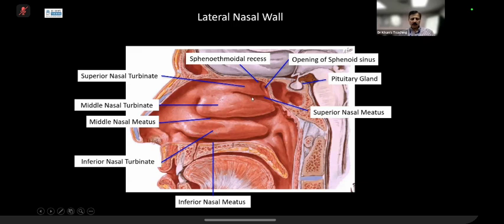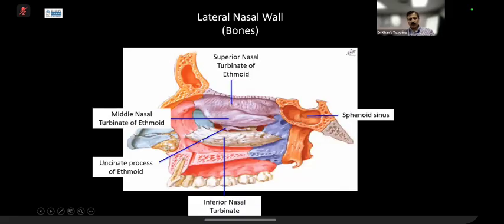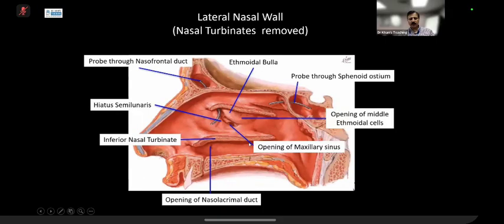So lateral, hidden from our view here, is the superior meatus. Hidden from our view here will be the middle meatus, laterally speaking, and the inferior meatus here. So what we do is, without mucosa, this is the superior turbinate, middle turbinate, and the inferior turbinate.